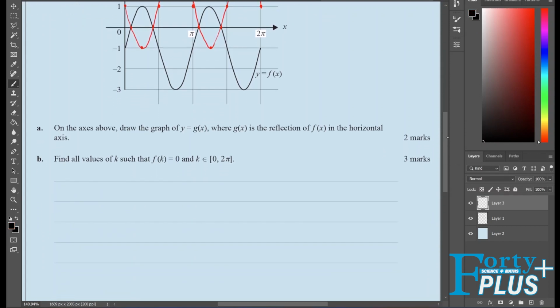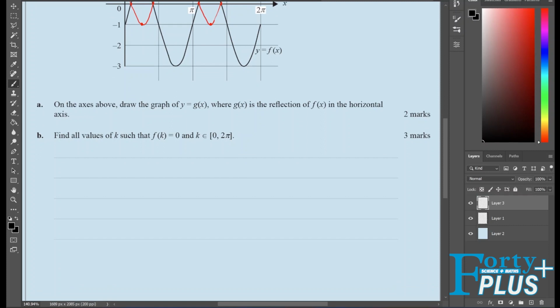Okay, so they want us to find all the values of k such that f of k equals 0 and k is an element of 0 to 2 pi inclusive. So if f of k equals 0, that must also mean that 2 sine 2k minus 1 equals 0. So let's solve this.